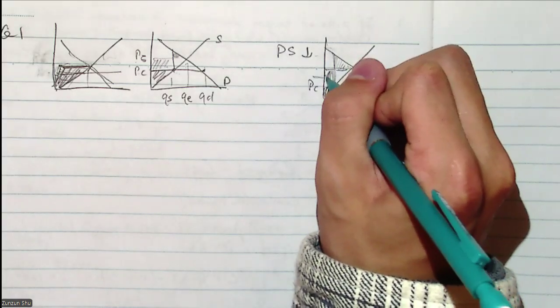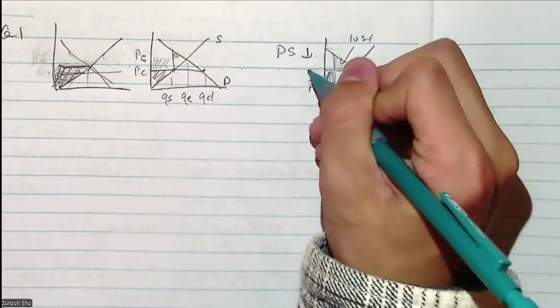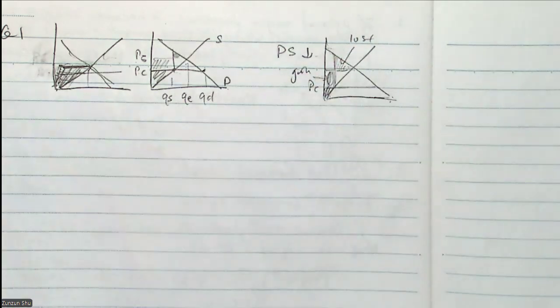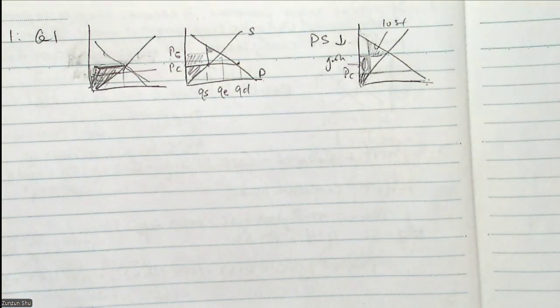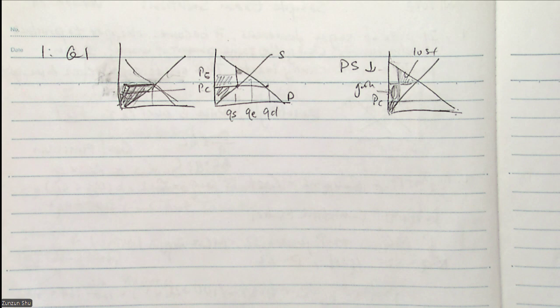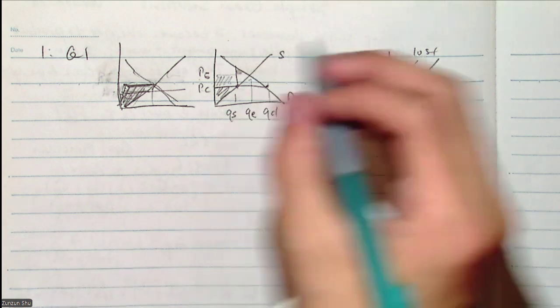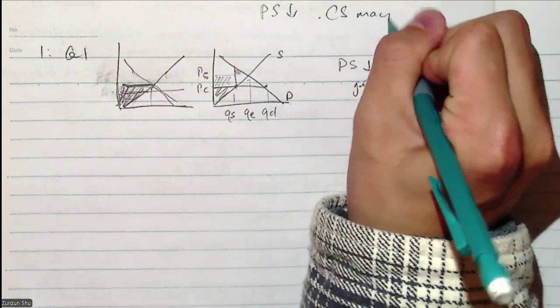So the amount you gain is actually less than the amount you lost. So the point when you answer a question about a price ceiling or price floor is that one will definitely decrease and the other one may increase or decrease. PS goes down, but CS may go down or up.